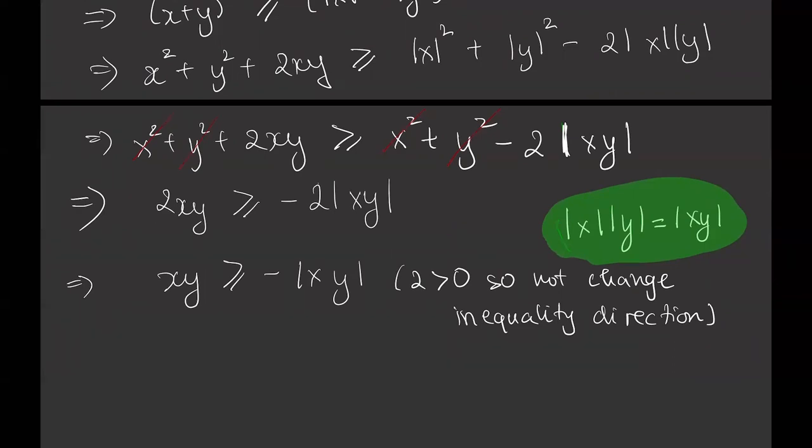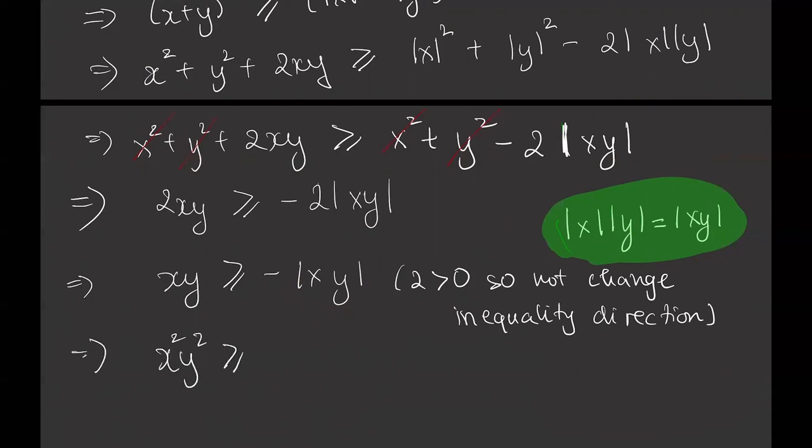What do you think? Is there any way I can get rid of the absolute sign? Y squared? What is xy squared? Okay, so we can try that.